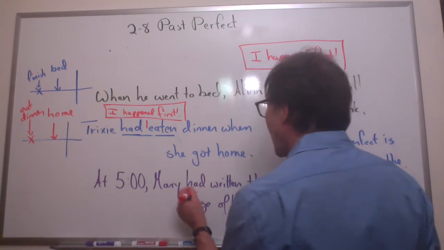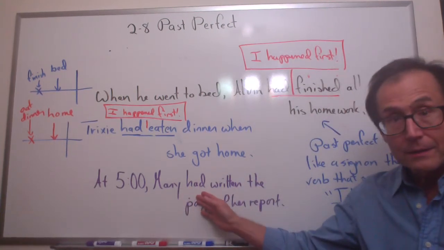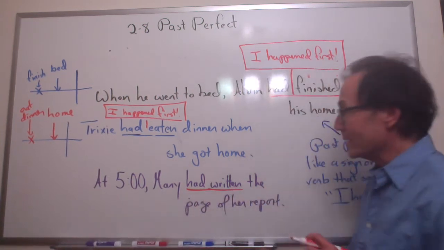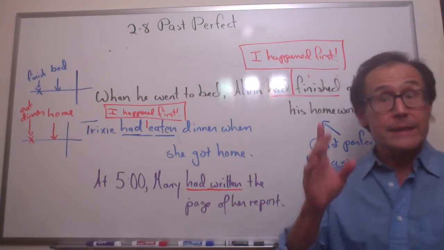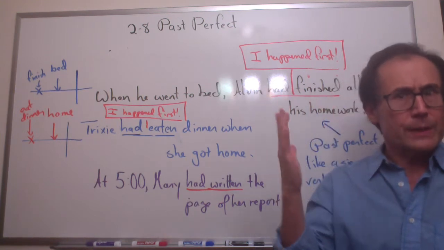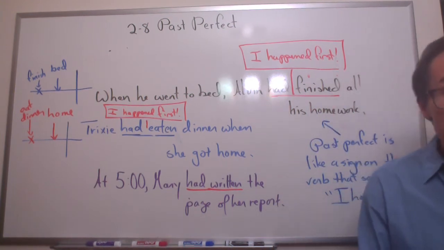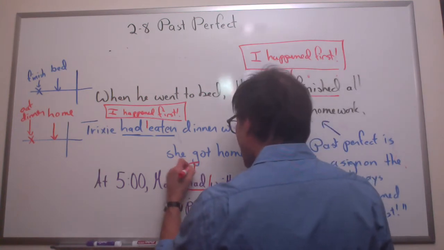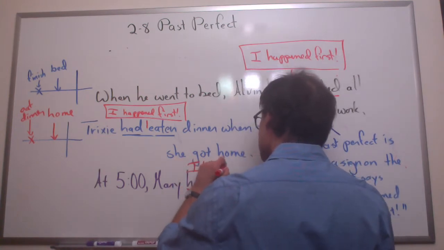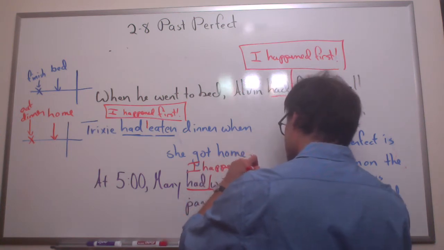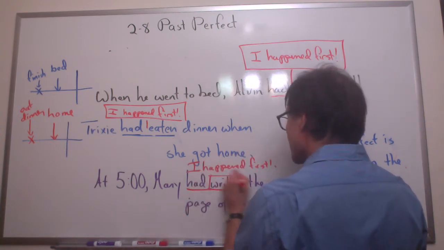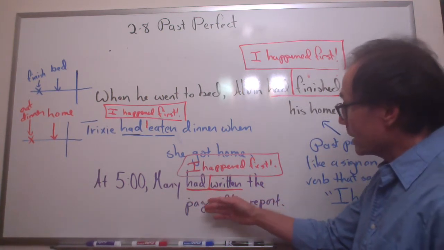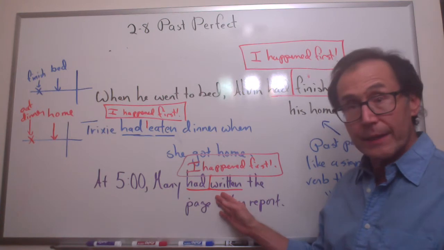I see here, first, let's find past perfect. Past perfect is had and past participle. So I say, here's past perfect. And then I remember something about past perfect. Oh yes, past perfect is like a sign on the verb that says, I happened first. So here I say, oh, at 5 she had written the last page.